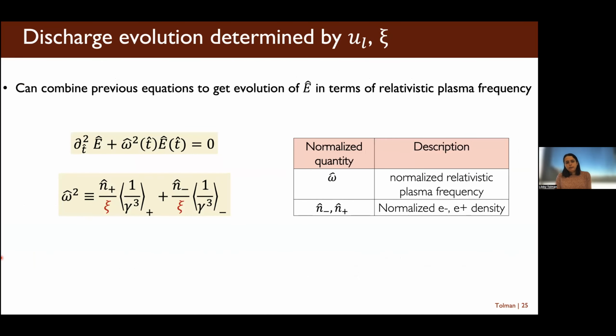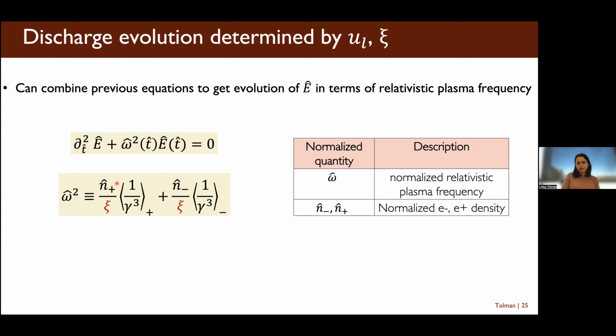You can also combine the previous equations to get the evolution of the electric field in terms of a relativistic plasma frequency. This first equation in yellow should hopefully look very familiar to you since you're all plasma physicists. It's just a normal equation for a plasma oscillation. The thing that might be slightly unfamiliar, if you don't normally work with relativistic plasmas, is that the plasma frequency is a little bit different from the normal one.